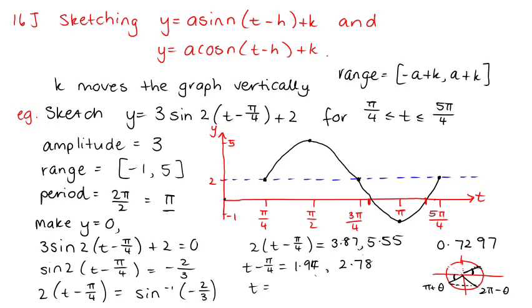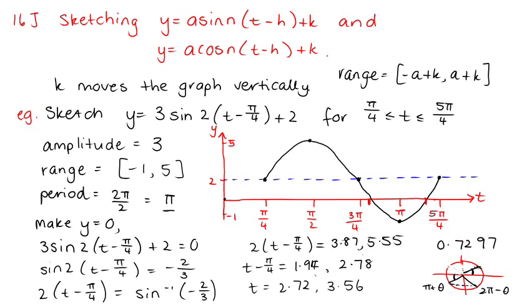So 1.94 plus pi on 4. Don't worry, you won't be asked to do anything like this without a calculator. Is that 2.72? And that one plus pi on 4 equals 3.56. And that's simply just adding pi on 4 on the calculator.